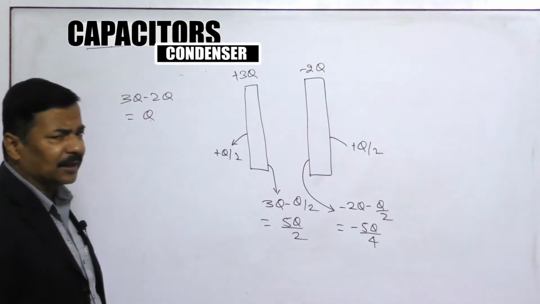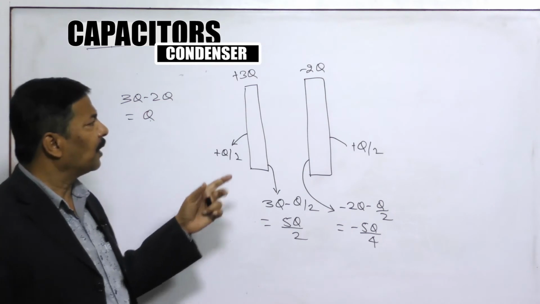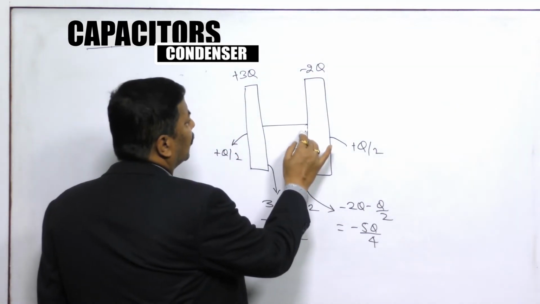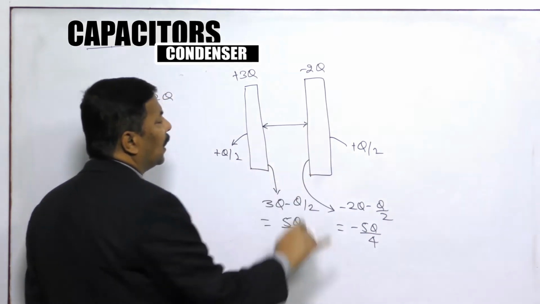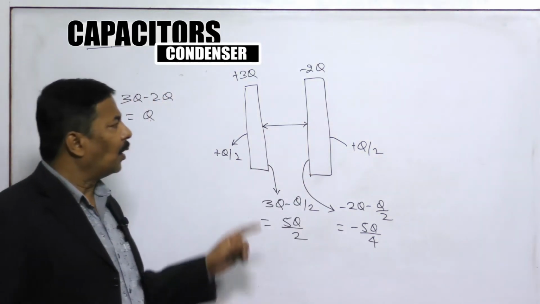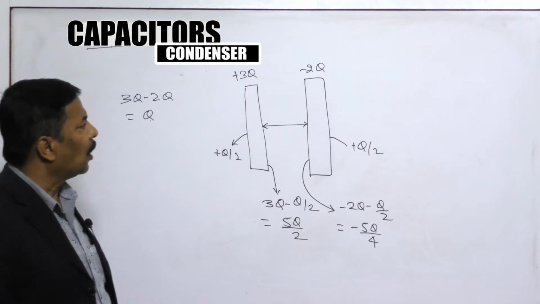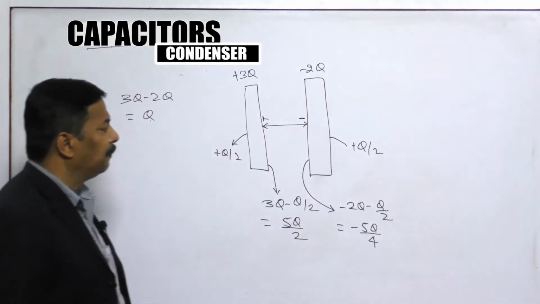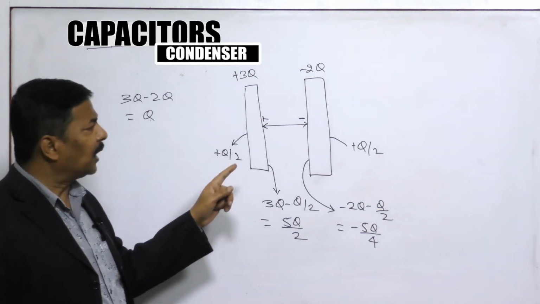So it is not essential that equal and opposite charge should be given, whatever amount of charge you give, but on the inner sides you will observe that there is always equal and opposite charge. This is the thing that you should understand properly.